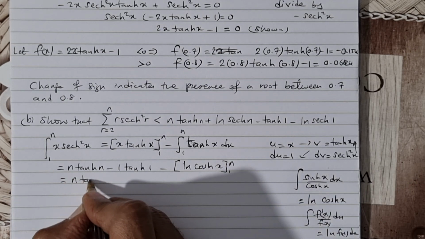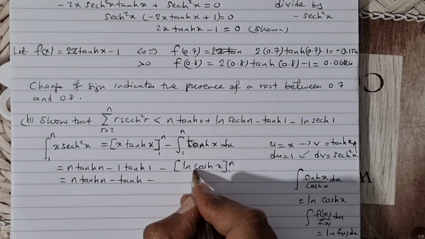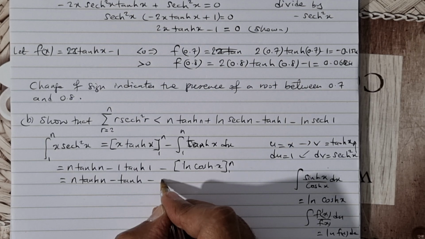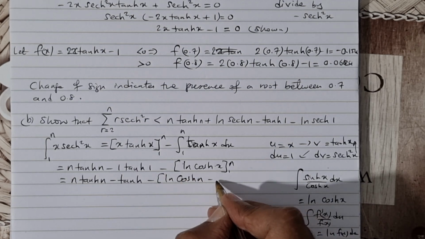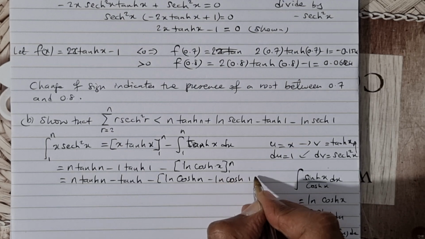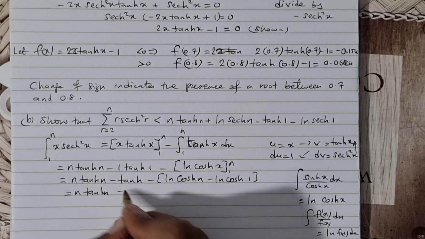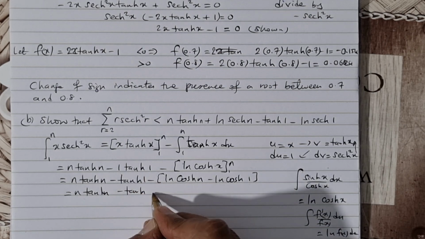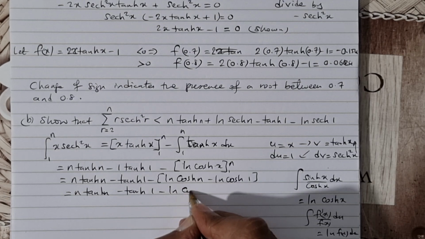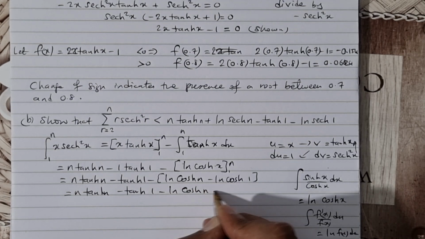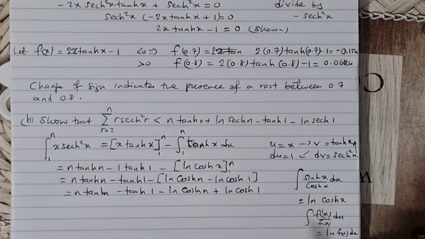Now, just a question of substituting all our values in there. Minus, if I were to substitute n, I'm going to get minus ln cosh n, minus ln cosh 1. Therefore, now if I were to minus this, this becomes just minus ln cosh n, and then minus minus becomes plus ln cosh 1.